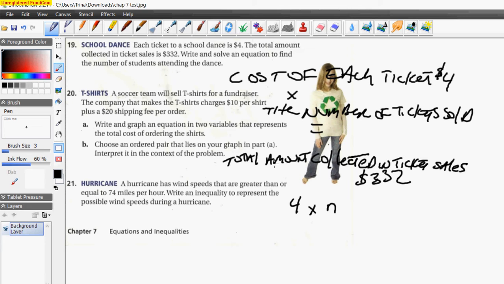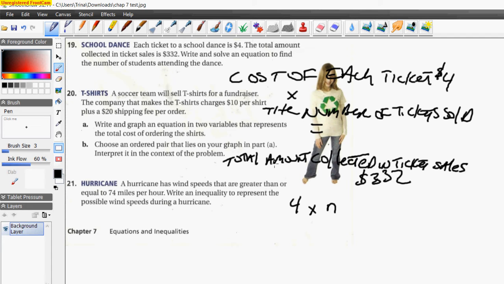Variable n, okay, which stands for what? The number of tickets sold. All right? You can use whatever letter you want to represent a variable. I don't want you to get confused with that. But we always want to use something that's similar to what we're trying to find. In this case, the letter n represents the number of tickets sold.